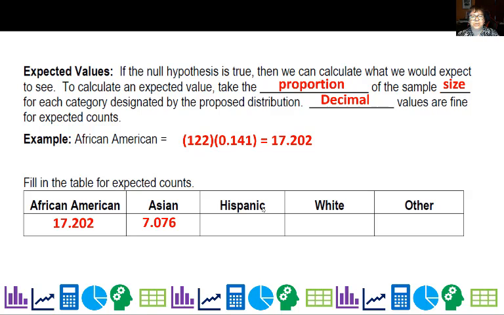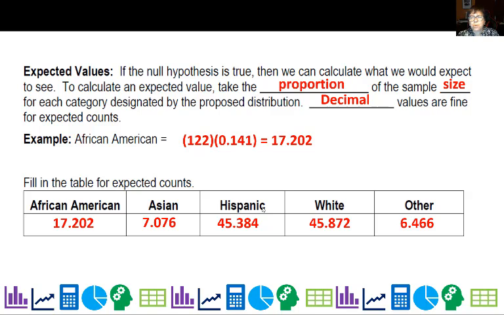About 7 Asians is how many we would expect to see. Roughly 45 Hispanics, based on the 30-some percentage, and almost 46 white students, and 6.5 of other. So that is what we expect to see if the null is true.